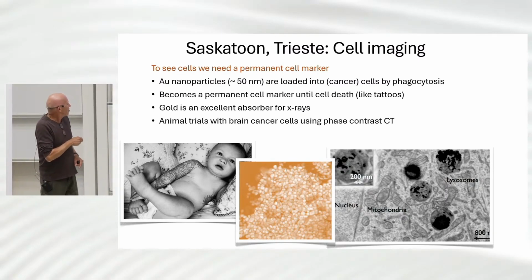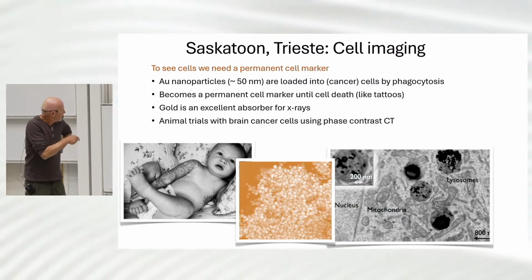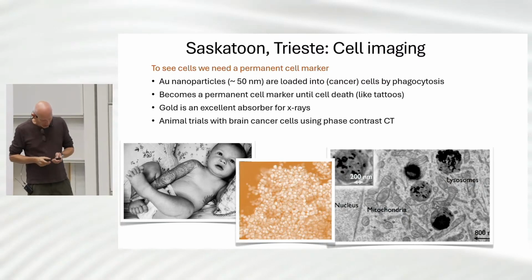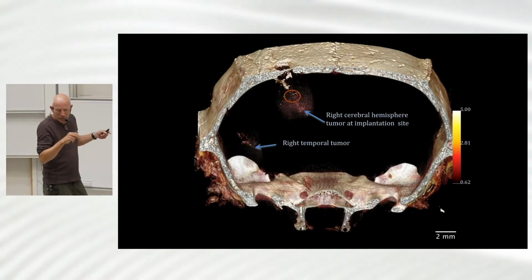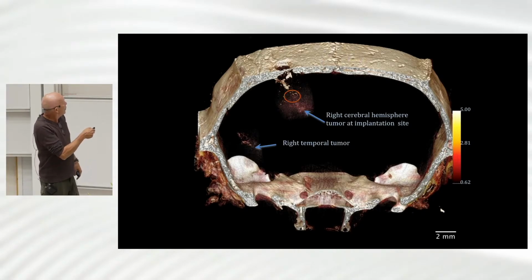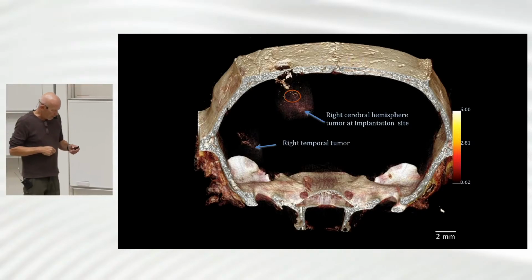And that's pretty much like what you have in a tattoo. For a tattoo, the marker remains there for a lifetime. And doing that, marking, for example, cancer cells and implanting them in a mouse brain, we saw here the tumor, which is the one we implanted, but also a secondary tumor.